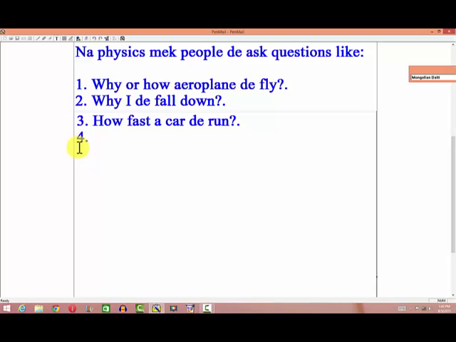Question like, why the sole of my shoe they job?